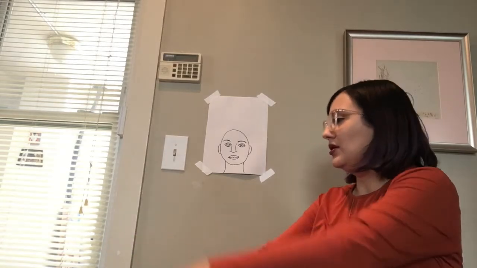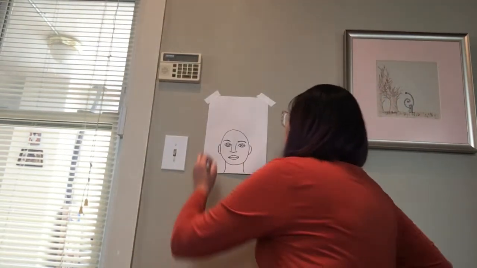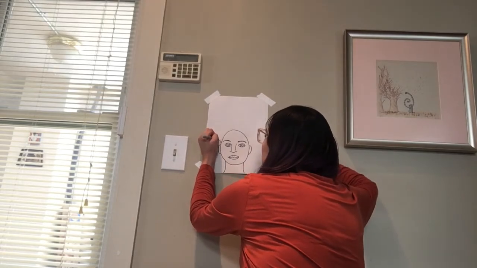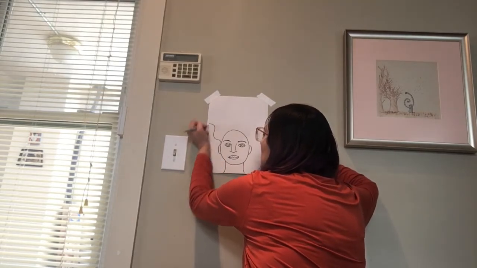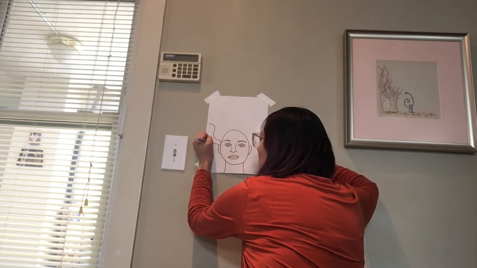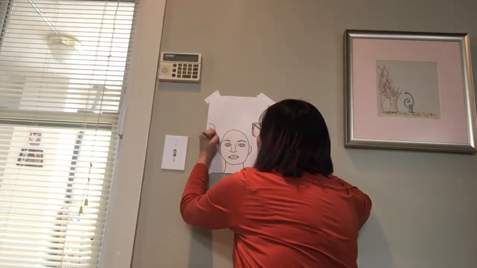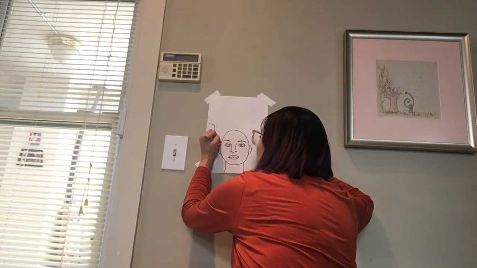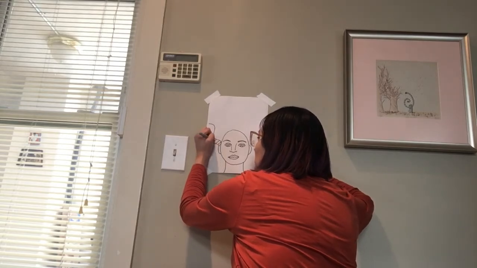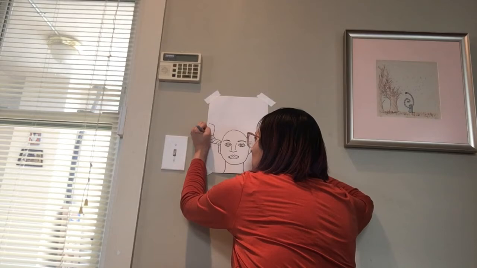So, the basic of what you're doing is you are just going to make lines. Right? So you could use wavy lines. They don't all have to be vertical or horizontal, right? You could change the direction of the line.